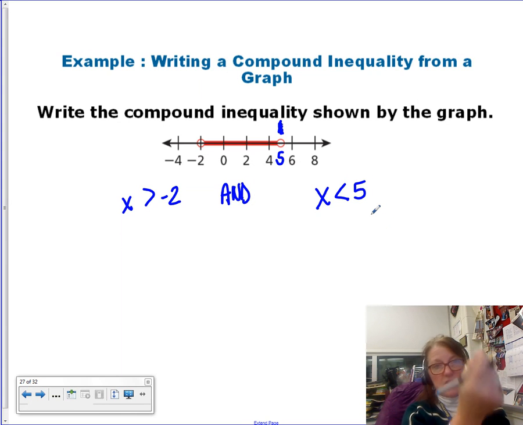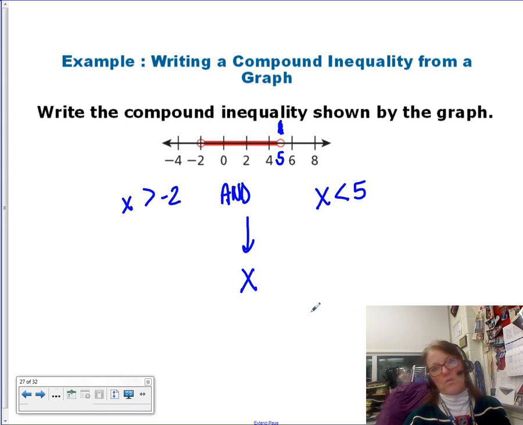So if I want to put these together, in theory, you could leave it like this because we have to leave the or ones separated. But you can combine this into one statement where your x value is in the middle because that's where your solutions are. You have to make sure your signs are going the same direction.